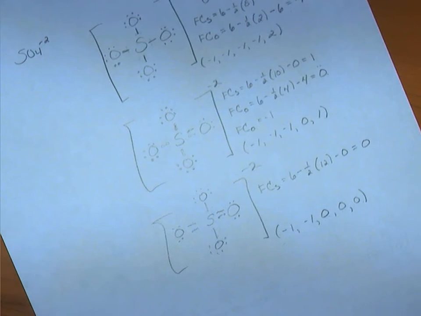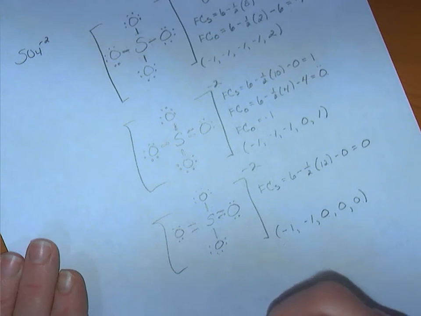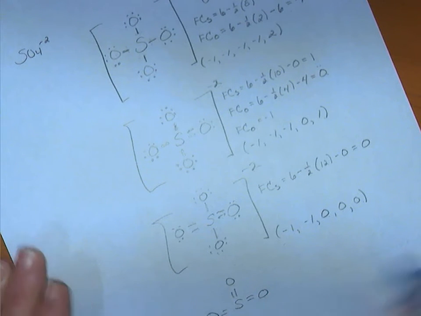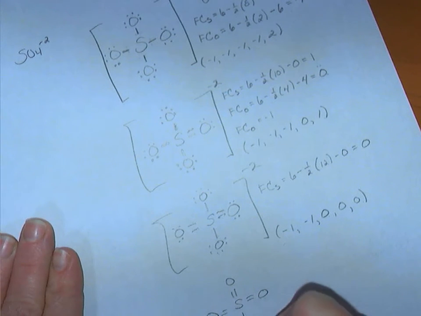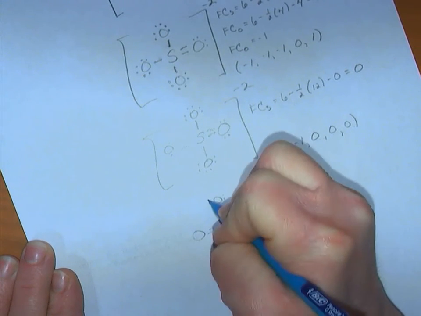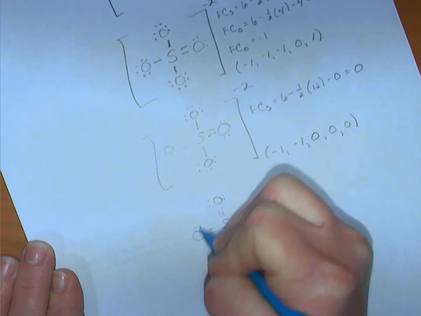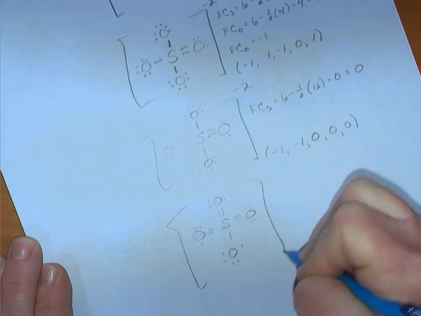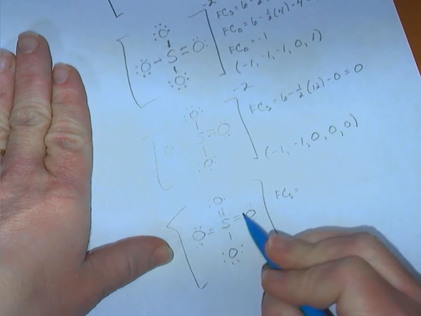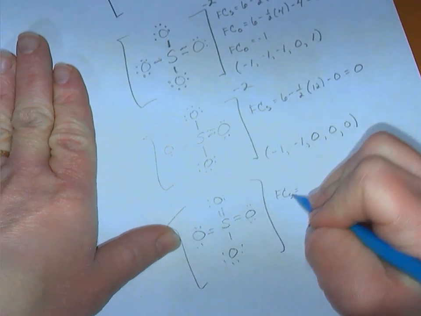Could we have 3 that are double bonded, and then 1 that's single bonded? All right, well then, the only new formal charge will be on this double bonded sulfur element.